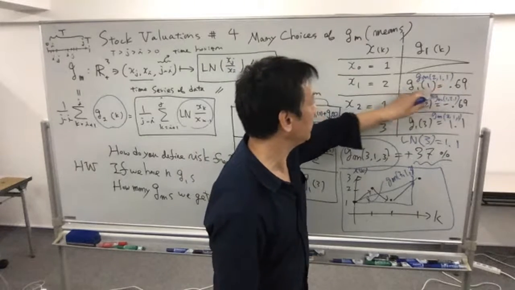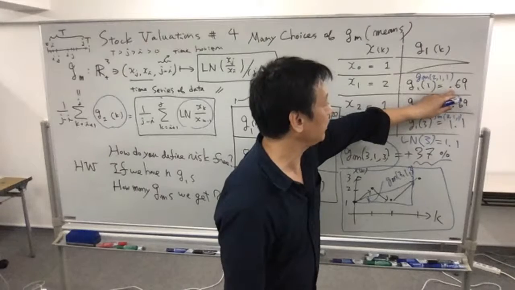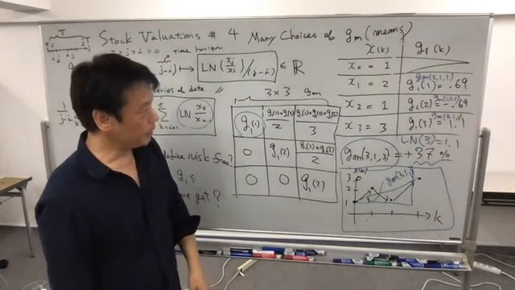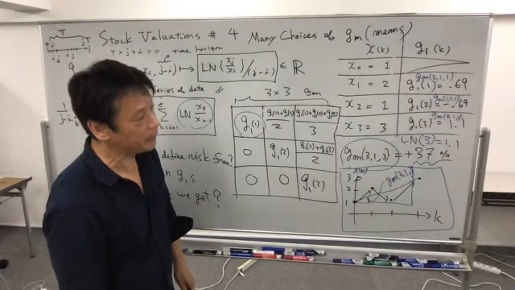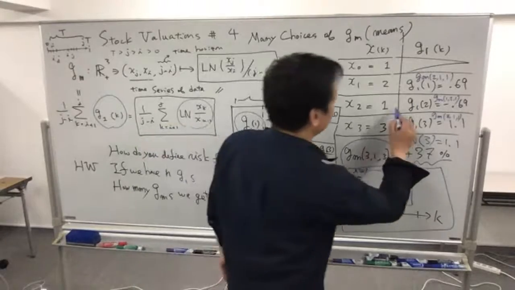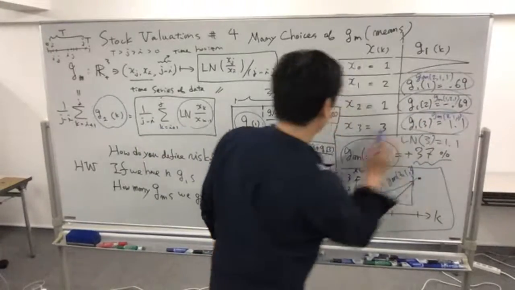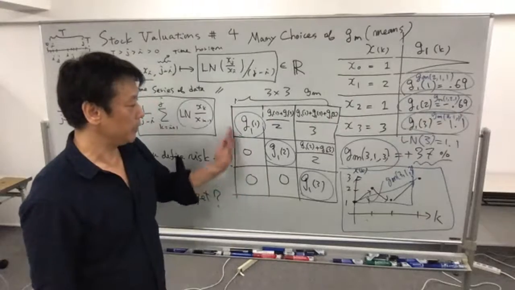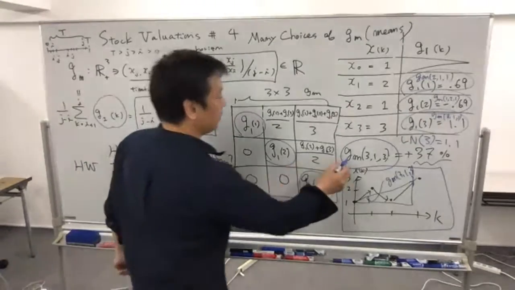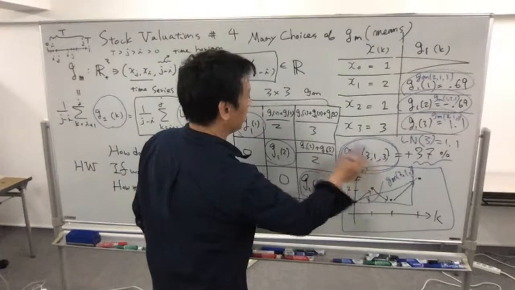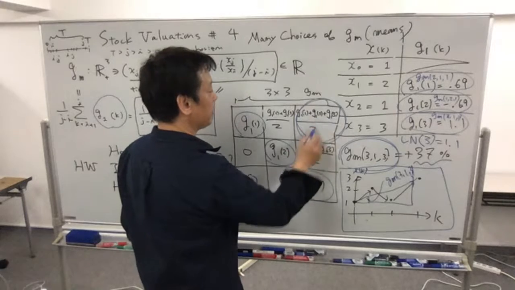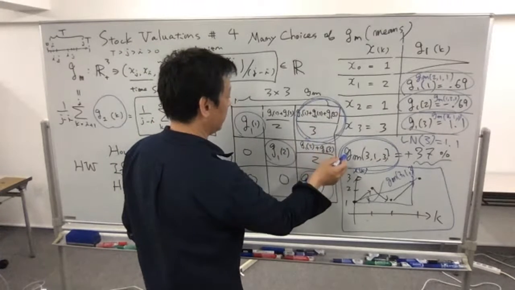So GM211 is 0.69. Respectively we have G12 and G13. These are also GMs, members of GM. And this GM313 is here, G11 plus G12 plus G13 over 3.